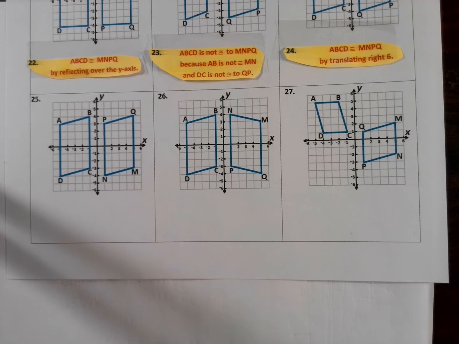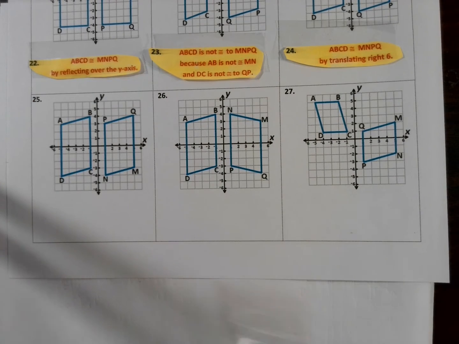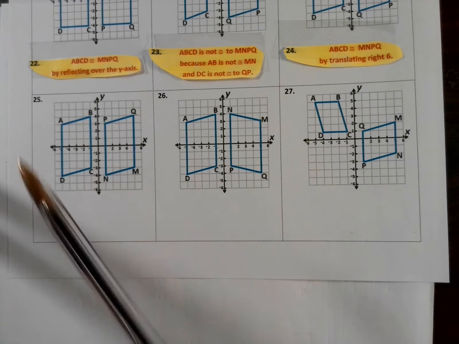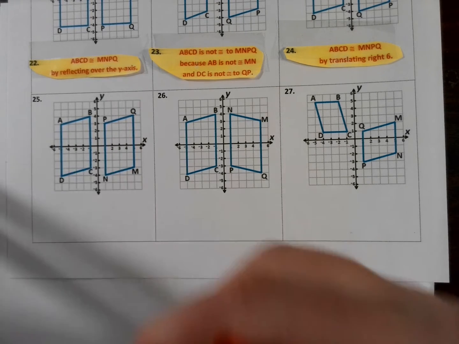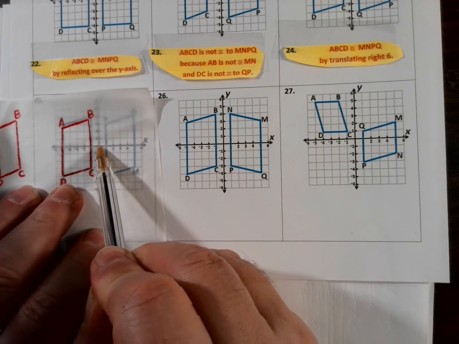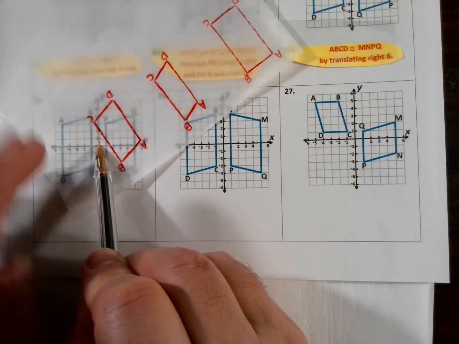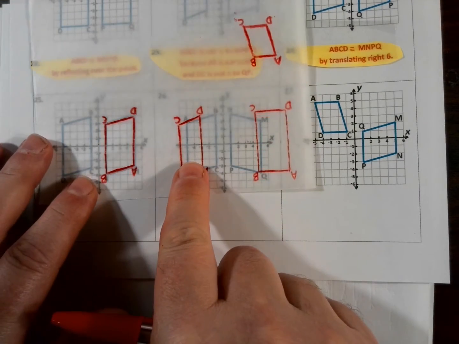Number 25. Again, we have parallelogram ABCD. Notice point M is located here, point A is here. The only way that can happen is through a rotation. So we're going to try and rotate about the origin. Notice 90 degrees doesn't work, but 180 degrees does.